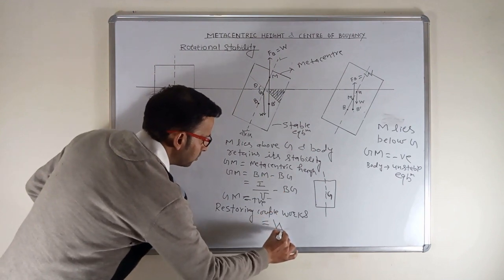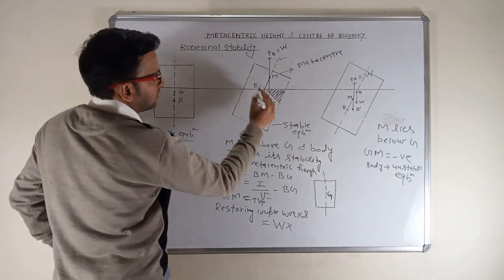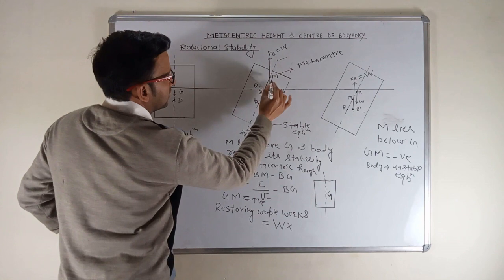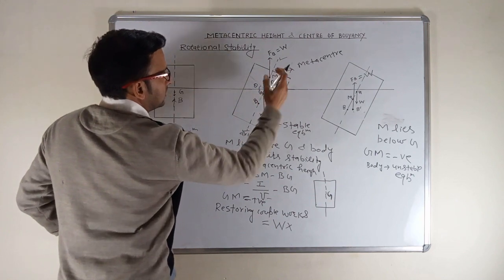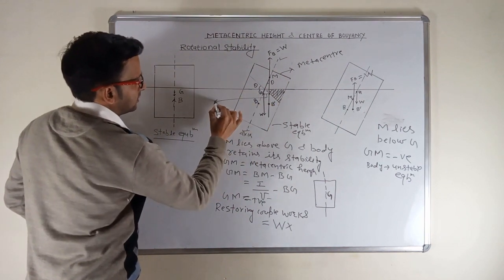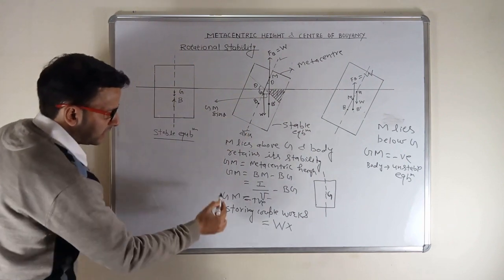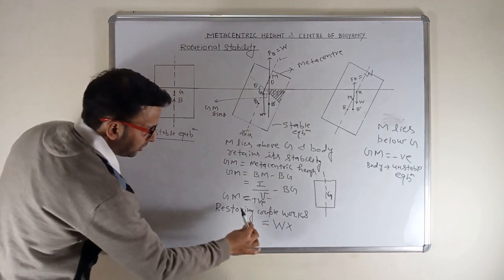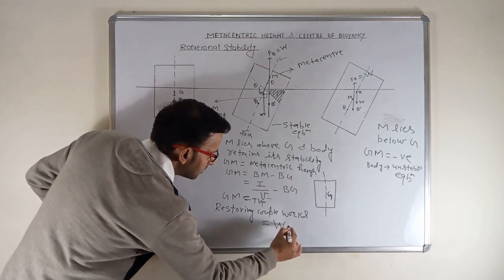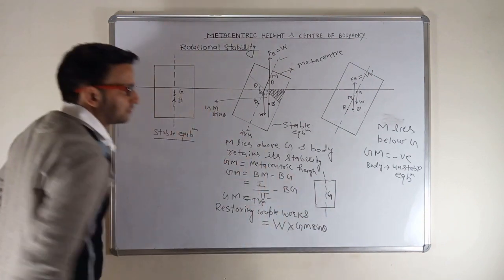Then force is equal to W. And what is the distance between both the forces? That is this distance. So if this is theta, that is GM cos theta, and this value is GM sin theta. So in this case, the restoring couple works, and its value is equal to W multiplied by GM sin theta.